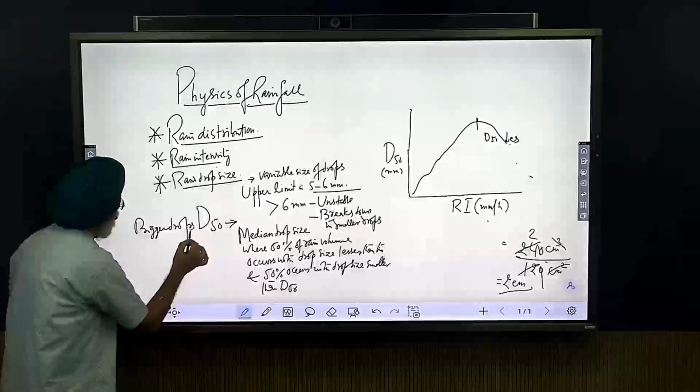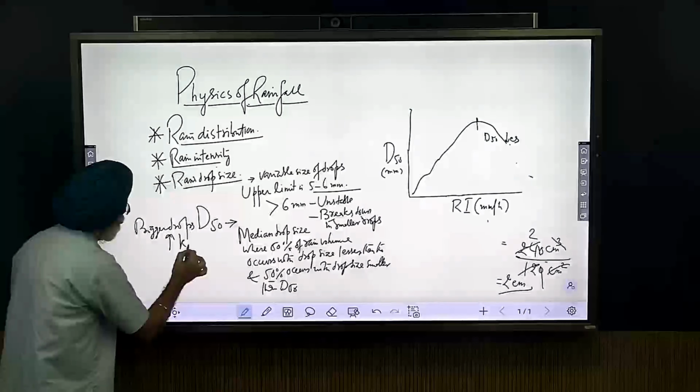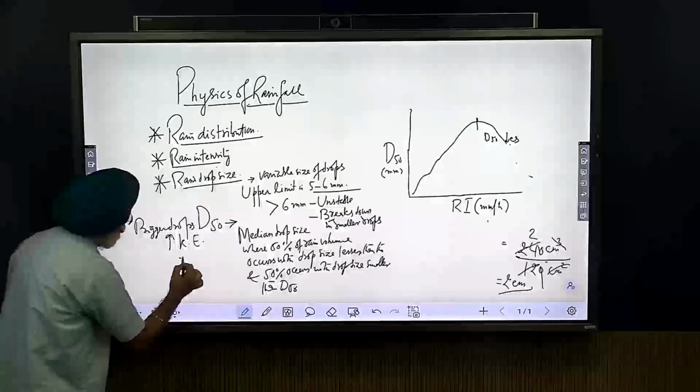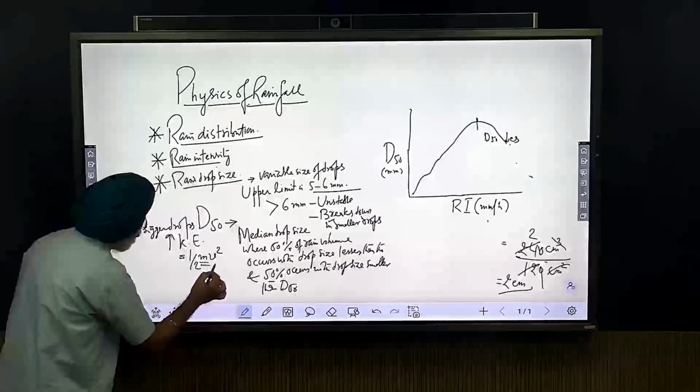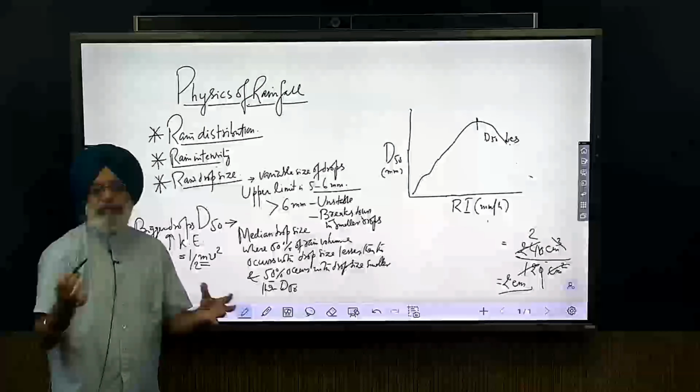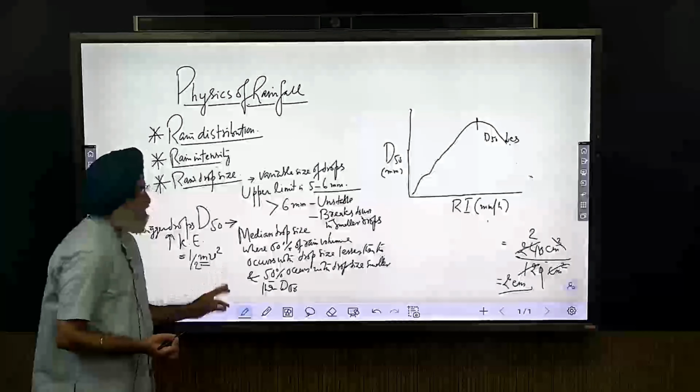And as I said, bigger drops have higher kinetic energy, because kinetic energy is 1/2 mv square. So m is mass, bigger the drop, more will be its mass, and v is related to intensity of the rain.